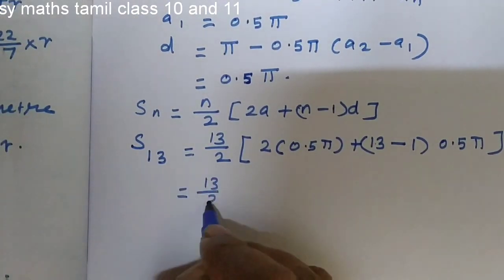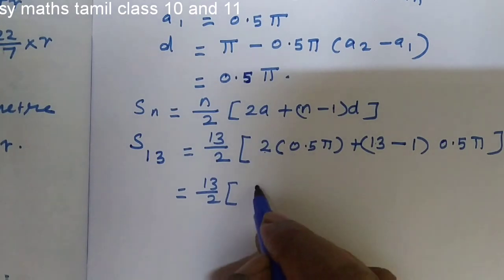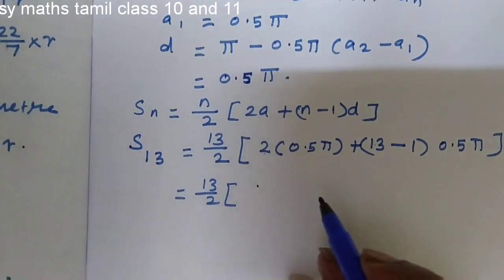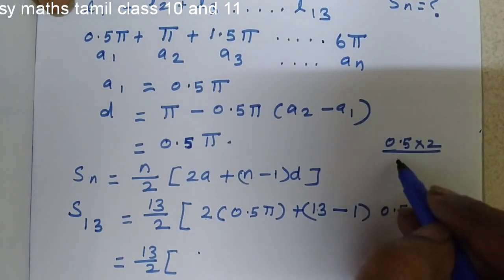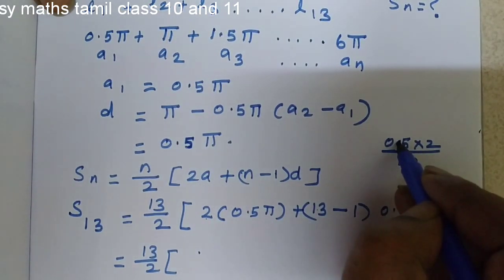13 by 2, 2 into 0.5, sorry, 0.5 into 2 is 1, place the point after one digit.